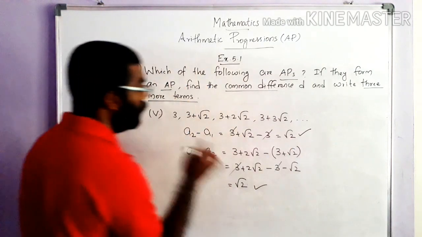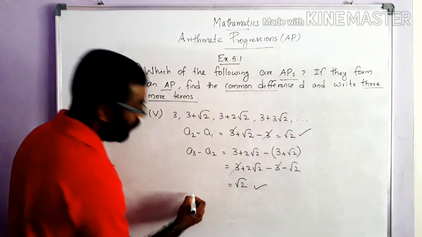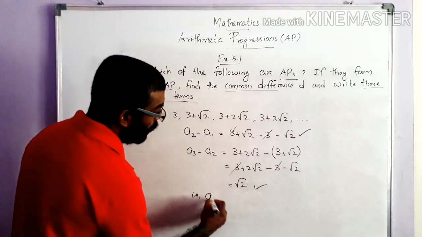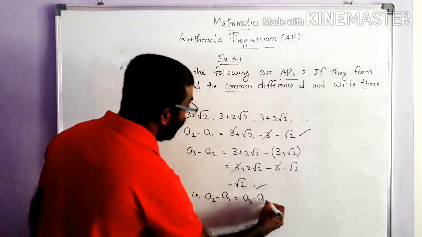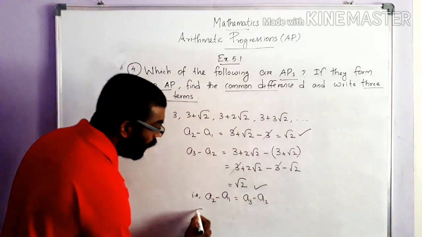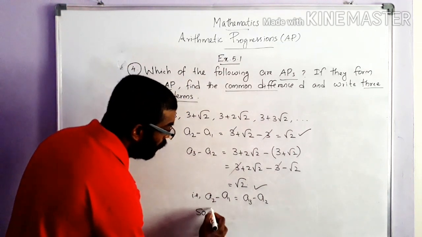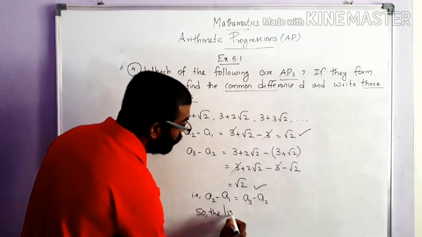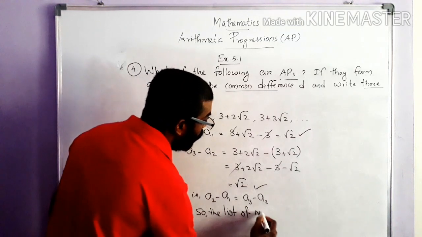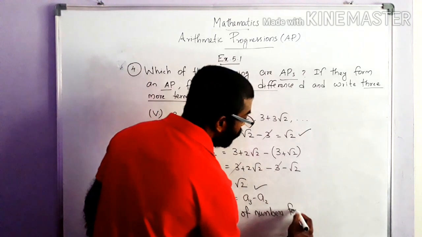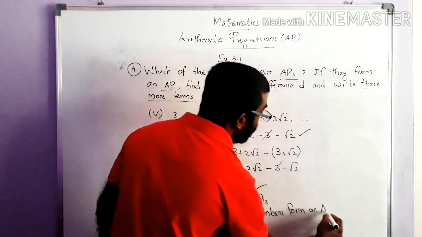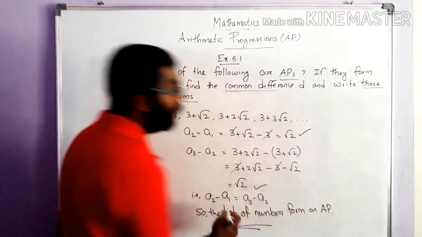Here also the difference same. Root 2. The second case also root 2. That is A2 minus A1 is equal to A3 minus A2, and we can conclude the list of numbers form an AP. Okay.